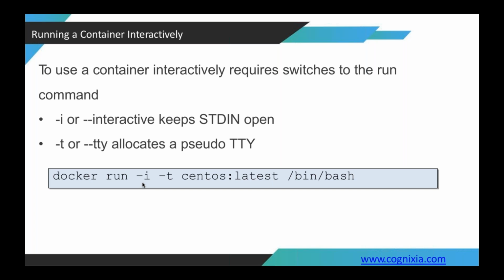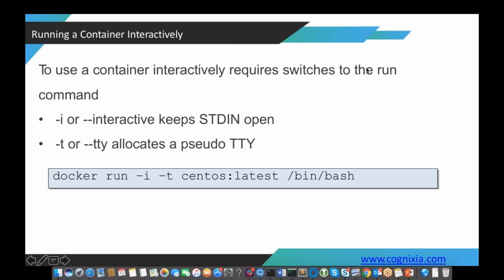You can combine these two like docker run -i -t, the image from which you are going to create the container, and the command that you are going to run in the backend. Here we are running the /bin/bash command. This will allow us to get inside the container and issue commands interactively. But if you come out of the container, it is going to stop again. Why? Because the bin bash command would get finished.